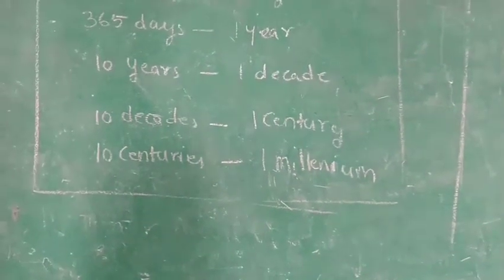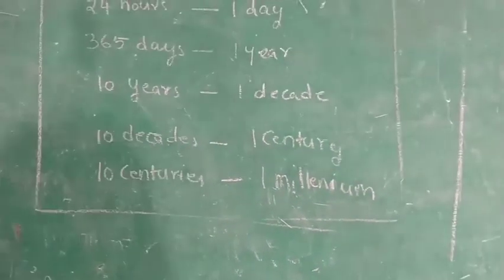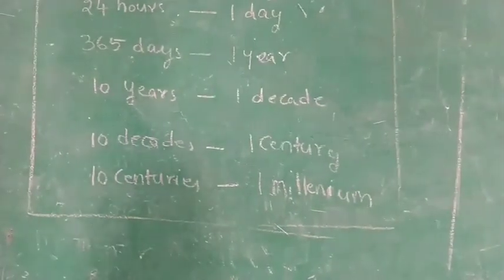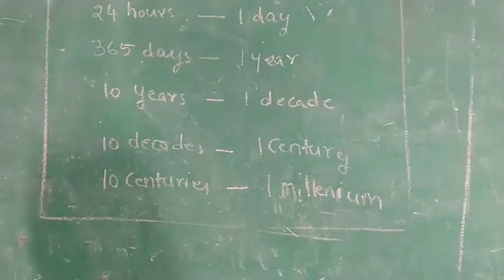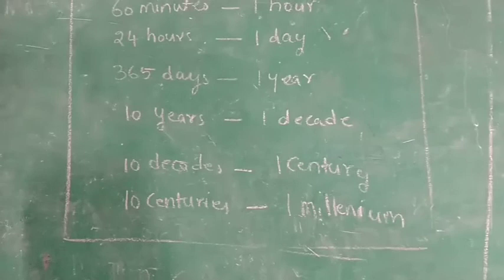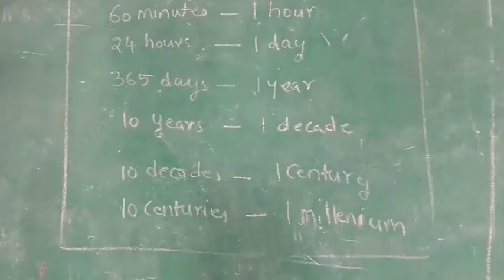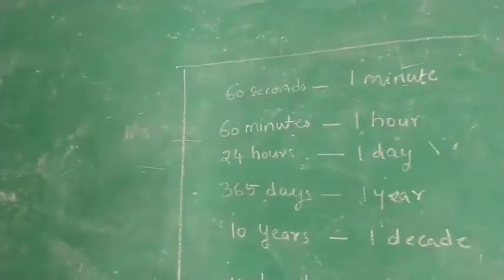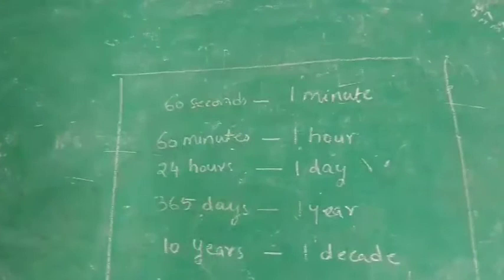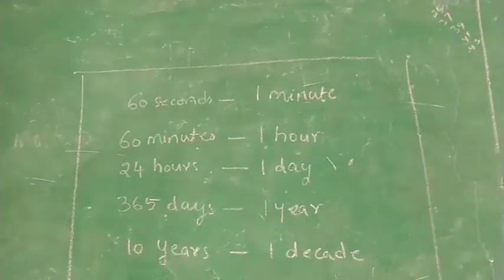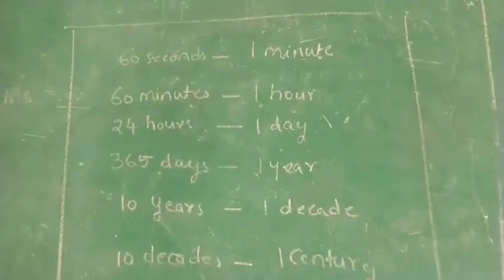Yesterday you saw that a stop clock is used to measure time accurately. It is used in sports, in laboratories, in atomic works. This is about time that we have seen.